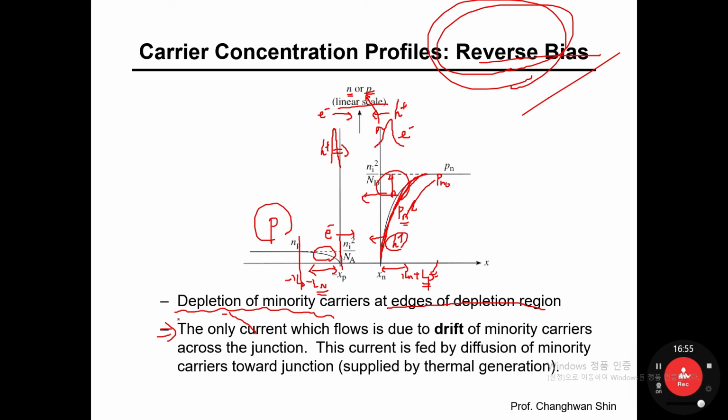And this drift current can be fed by the diffusion mechanism only, of the minority carriers toward the junction. So all the minority carriers to be supplied toward the junction should be obtained from the thermal generation.